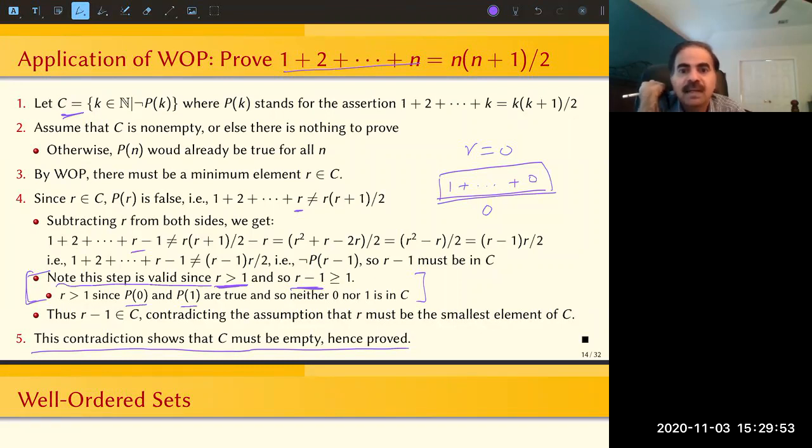So if you have a sum of 0 elements, you get the sum of 1 element by adding 1 element to the sum of 0 elements, right? Because 0 plus that element is equal to that element, therefore, by convention, the sum of 0 elements is 0.